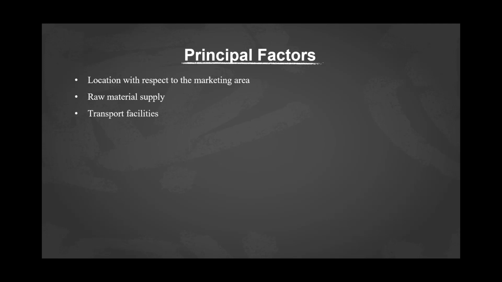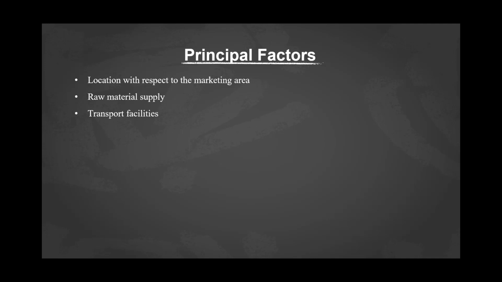Then we have transport facilities. The transport of materials and products to and from plant will be an overriding consideration. If practicable, a site should be selected that is close to at least 2 major forms of transport.